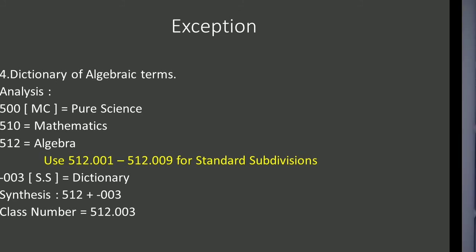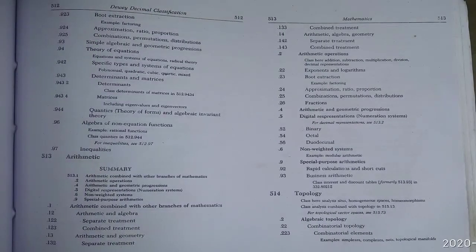So these are the rules. Whenever you do not find any instruction, but you have to use the notation of standard subdivision after the main class or subdivision of main classes, you will use only one 0. But if there is an instruction on how to use the standard subdivision, you have to follow this instruction.